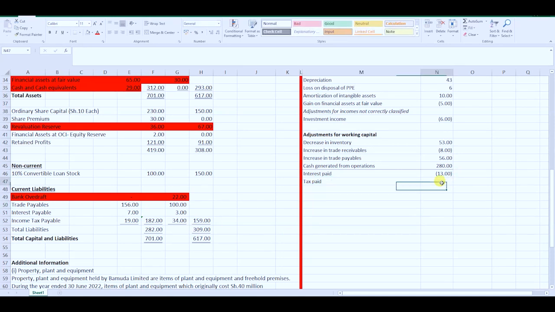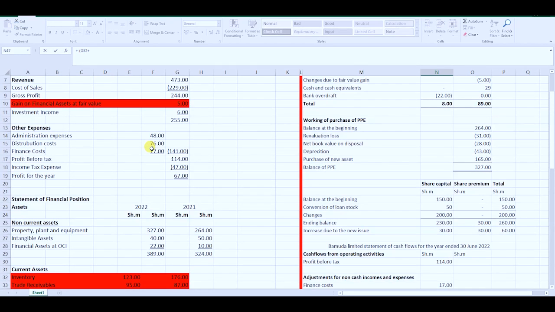So the tax paid is going to be plus the tax you can see right over here under current liabilities, the income tax payable, which is 34. Then we're going to get a negative value also for that, plus how much tax was actually paid within the year, the income tax expense, 47 right there.